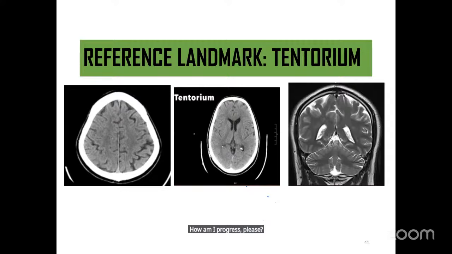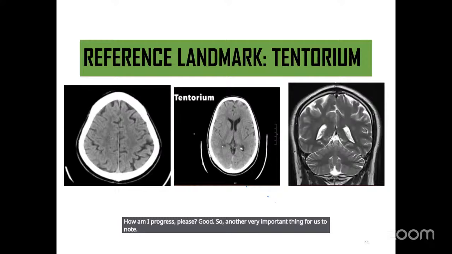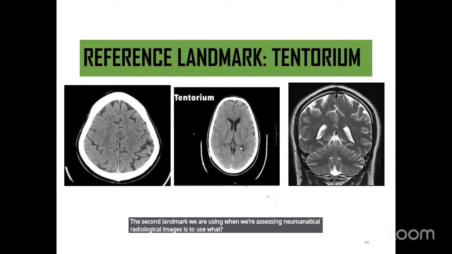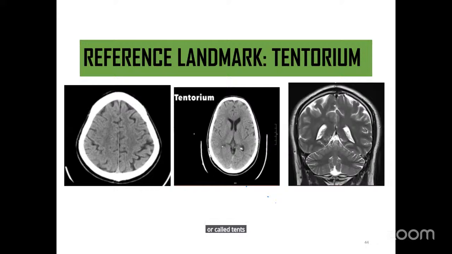Good. So another very important thing for us to note when we are discussing neuroanatomy is to still use landmarks. The first landmark we had highlighted was to use what? The ventricular system. The second landmark we are using when we're assessing neuroanatomical radiological images is to use what we call the tent. There are structures above the tent, there are structures below the tent. And what is the tentorium?